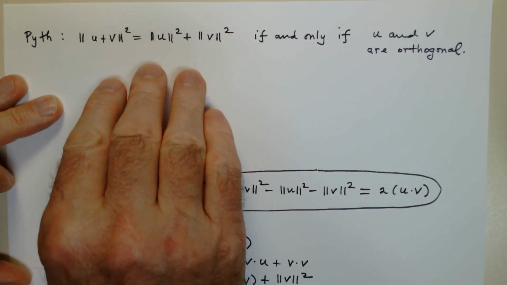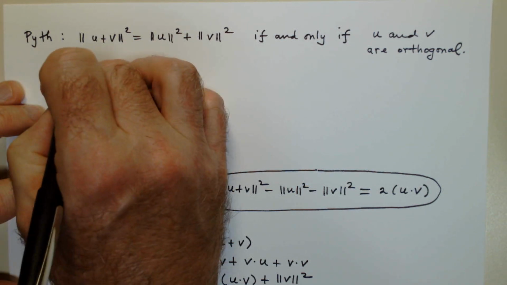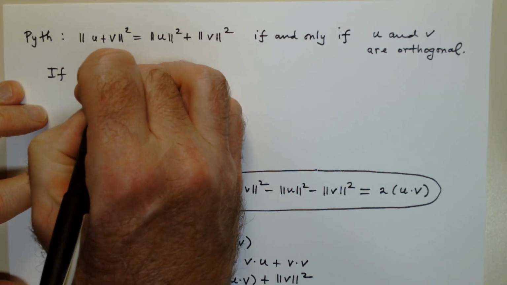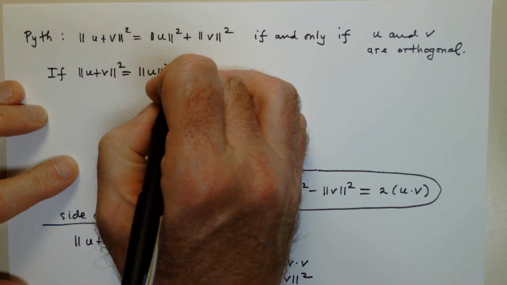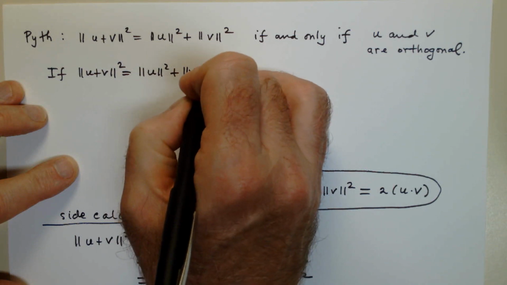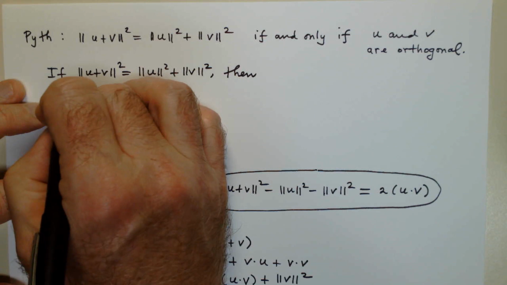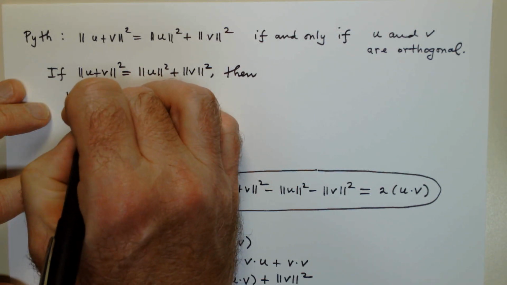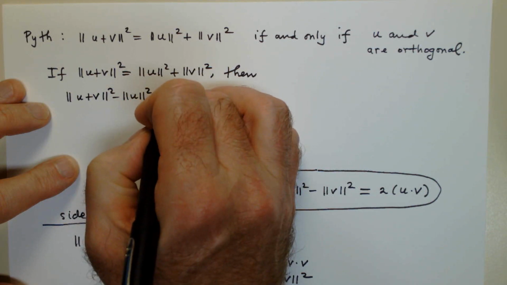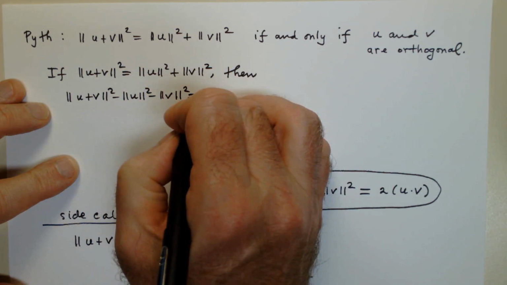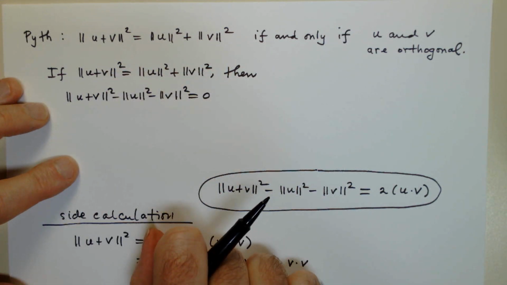So if the length of u plus v squared is equal to the length of u squared plus the length of v squared, then the length of u plus v squared minus the length of u squared minus the length of v squared is equal to 0 by just bringing these two pieces to the other side.